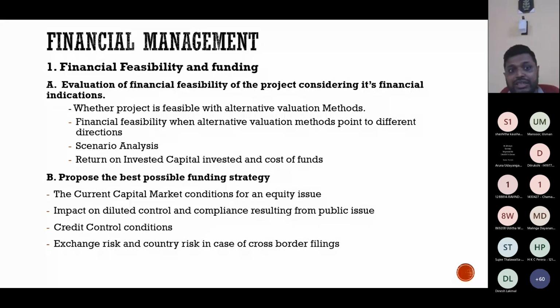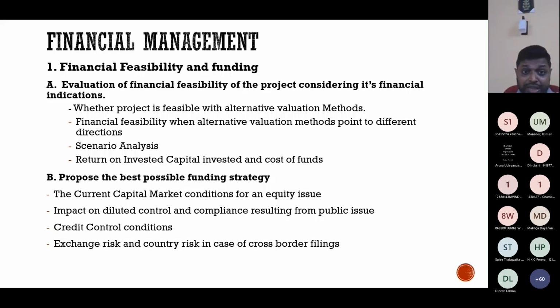Then, based on the recommendation, assume you are going ahead with the project, you have to suggest a suitable financing option, such as whether it is a good time to go for an IPO, or if it is a private limited company, like CHL, Centric Holding Limited, which is also a private limited company. When we raise funds, there are two methods: equity financing or debt financing.